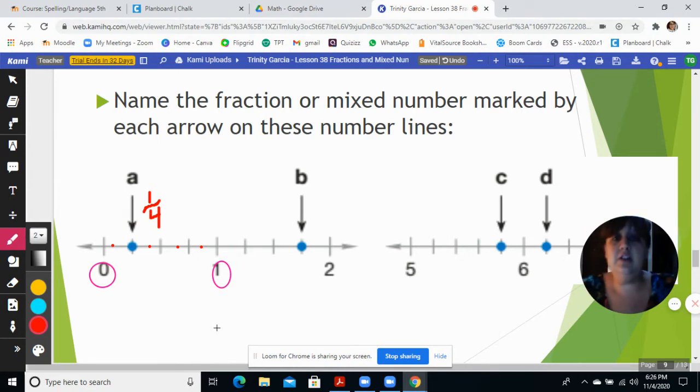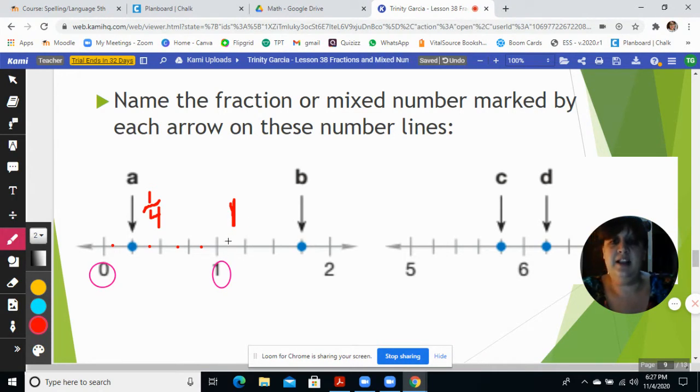All right, let's look at B together, okay? Now B is past the 1, right? But it's not to the 2 yet. So we know this could be a mixed number, and the beginning of the mixed number is going to start with our 1. Just like when we were estimating, we didn't quite get to the 2 yet, so it starts with a 1.